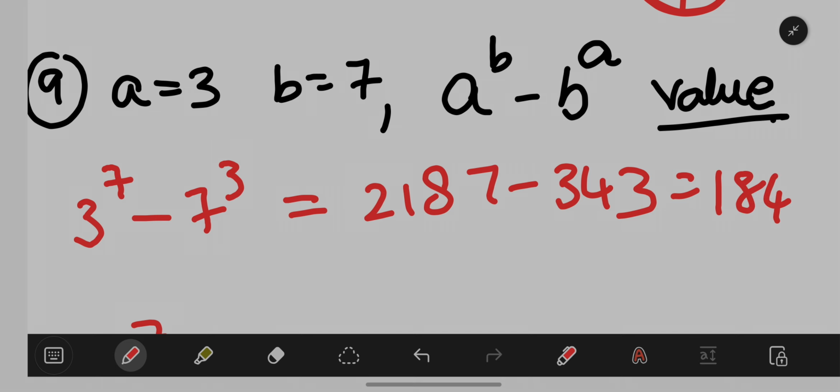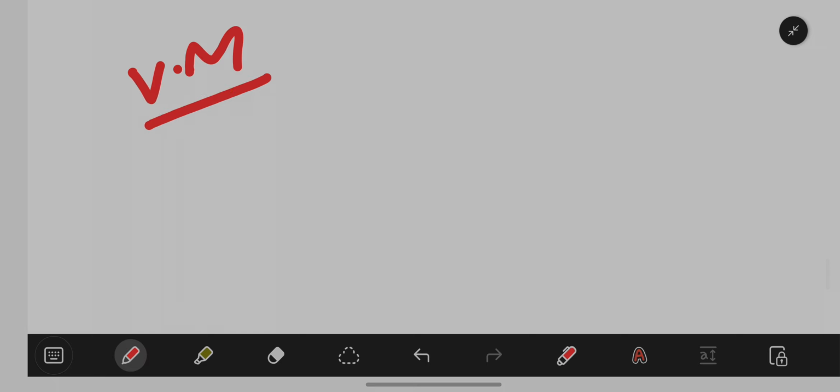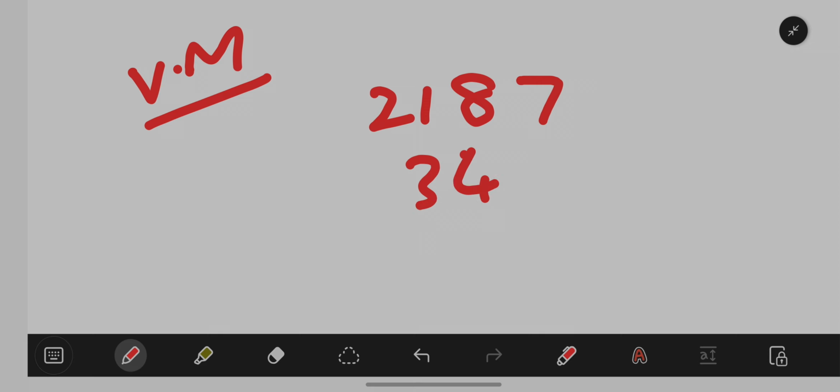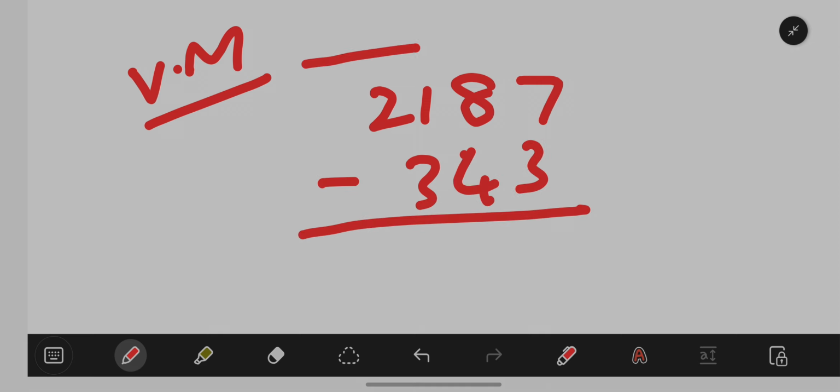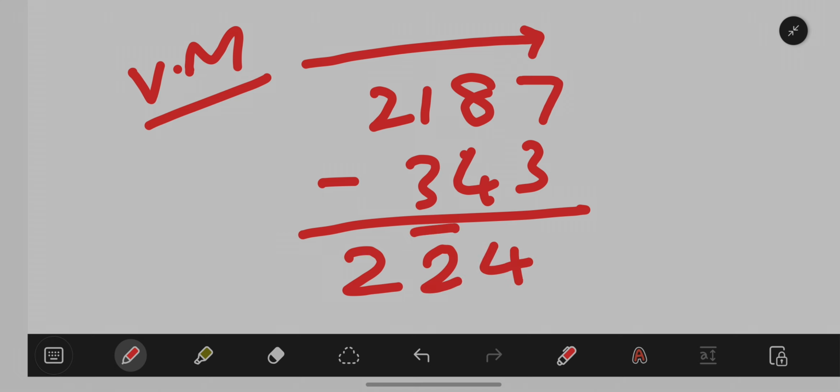Now for the subtraction also there is a shortcut. These are explained again in the Vedic mathematics video. I'll explain the shortcut. 2187 minus 343, you subtract from this side using Vedic mathematics. Very, very simple. 1 minus 3 is 2 bar, because it is in reverse order. 8 minus 4 is 4. 7 minus 3 is 4.